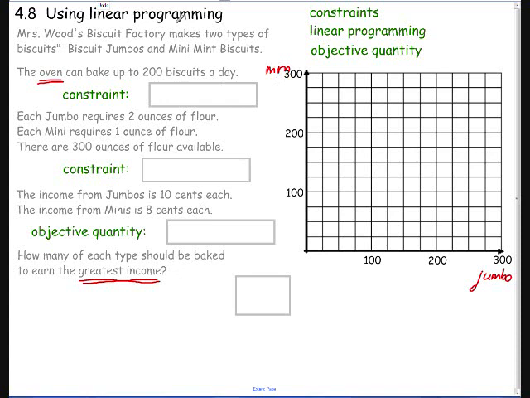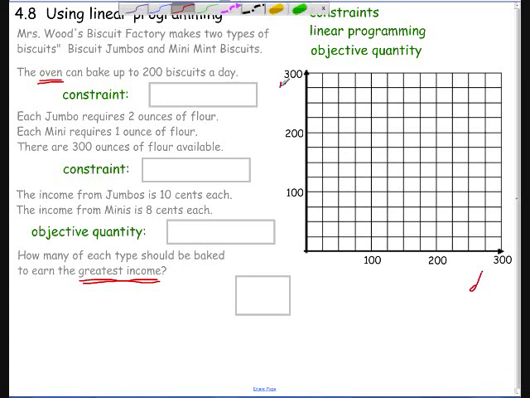So maybe I should shortcut this a little bit. I'll call this M. And I'll call this J, just so we have nice variables we can use.